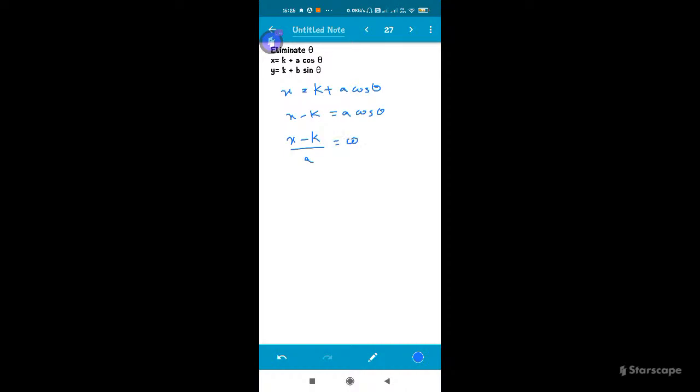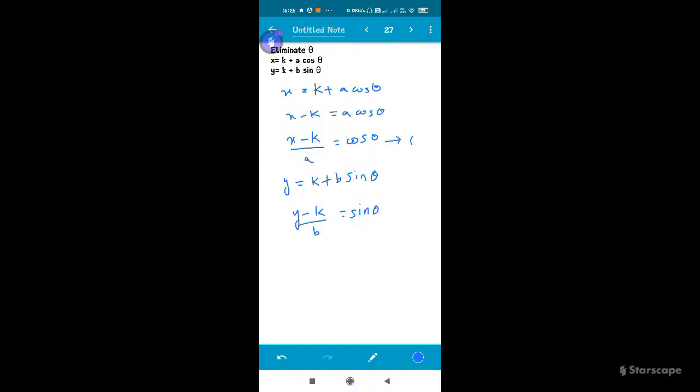But for students who find it a little difficult to understand, the second step is given. So the value of cos theta is x minus k by a. Similarly, let me find the expression for sin theta. I have y equals k plus b sin theta. So y minus k by b is equal to sin theta.